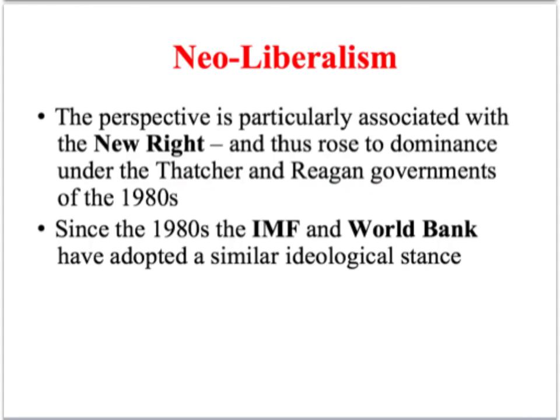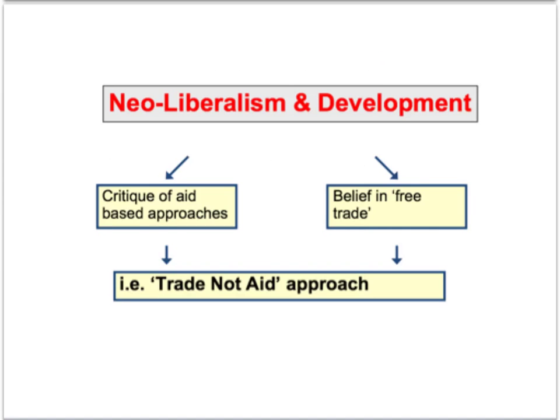And neoliberalism, I think, is one of the most important perspectives in world sociology, because since that period the IMF and the World Bank have pretty much adopted a kind of neoliberal stance to development. Now, I think there are two main things to emphasise about the neoliberal approach to development and global inequalities.